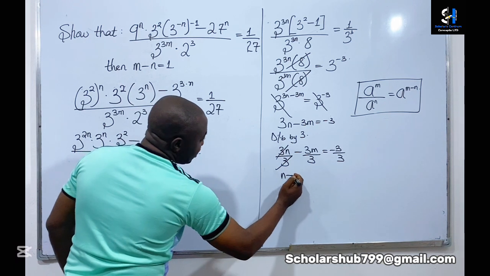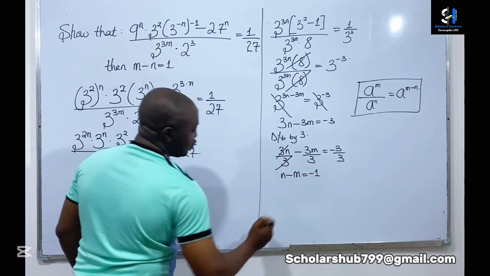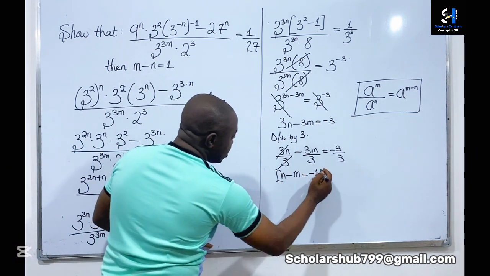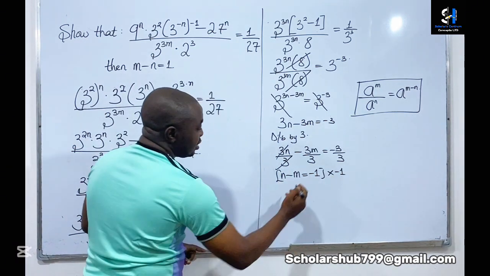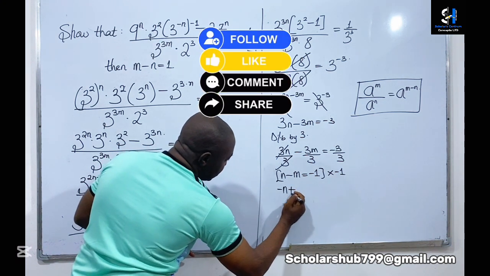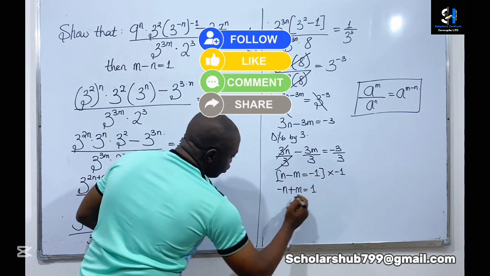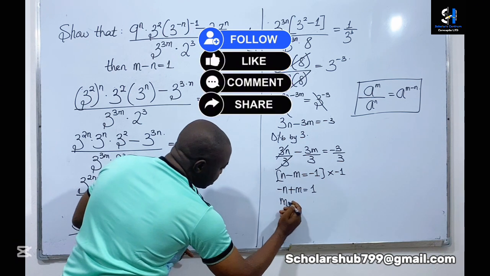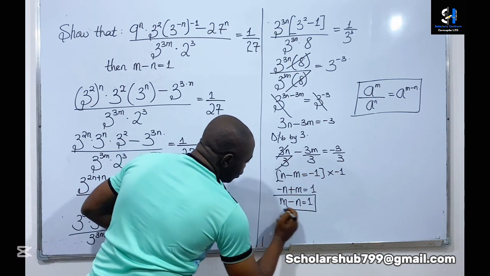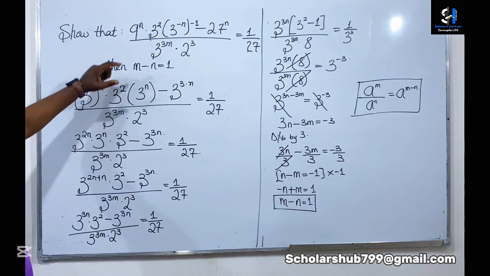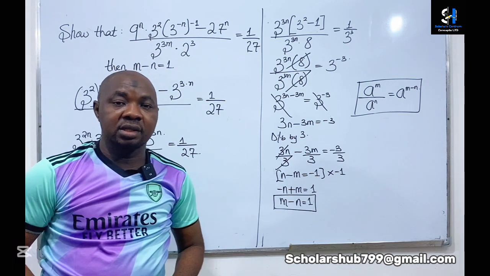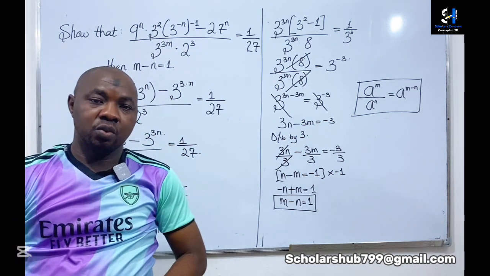So that this will be n minus m equals negative 1. Okay? So now we can multiply this by minus 1, so that this will be minus n plus m equals 1. So that when we rewrite this, it will be m minus n equals 1. So which means that when this is equal to this, then m minus n must be equal to 1.